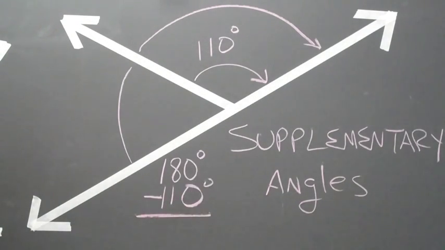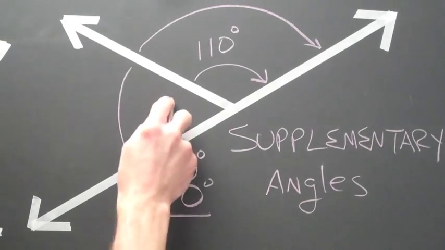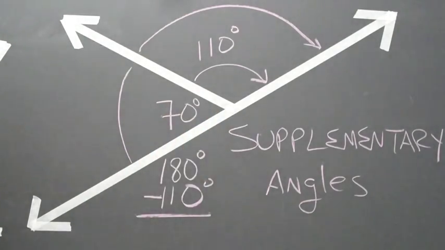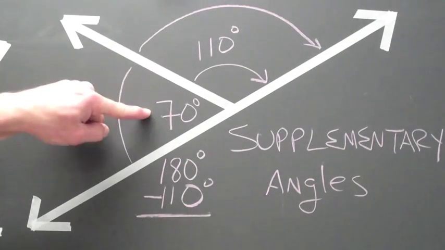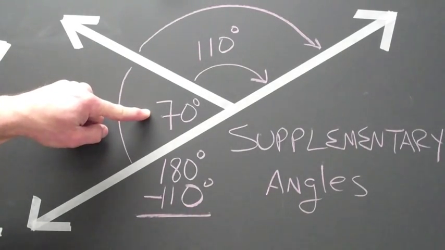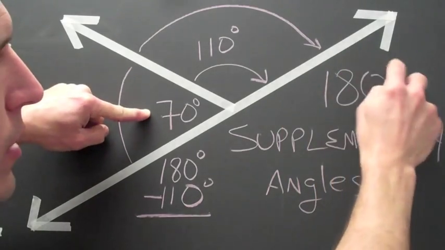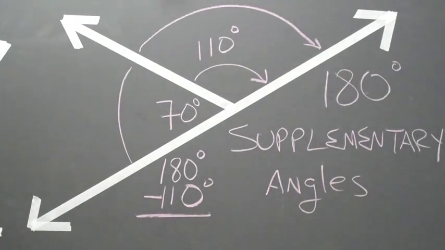I'm aware that I have a 110 degree angle, so I find that this missing piece has to be 70 degrees. The total of my two supplementary angles, when added, always must equal 180 degrees. So fact number 2, supplementary angles.